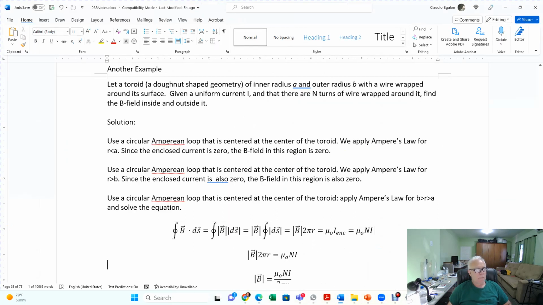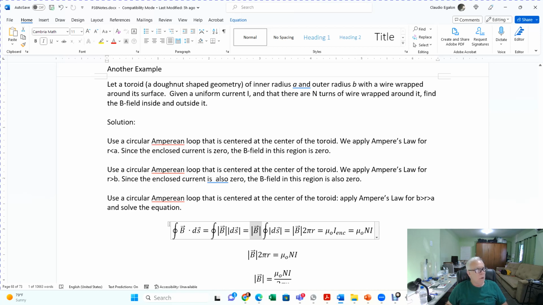So the B, the distance from the sources is going to be the same because the path is tangential and in the clockwise direction, and we have this dot product. The B field along that Amperian loop is going to be uniform only along that Amperian loop, and that's what this integral is telling you.